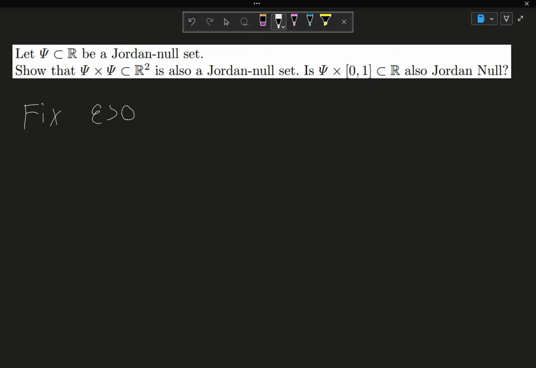Since psi is a Jordan-Null set, we know that there exists a finite cover I of psi. So we know by definition that the following inequality holds.